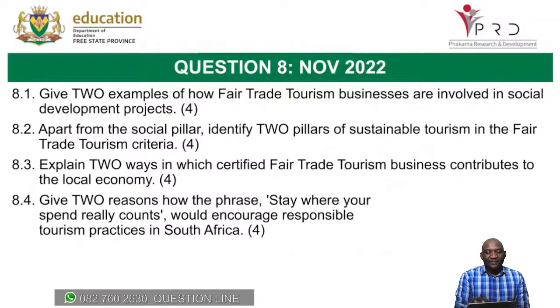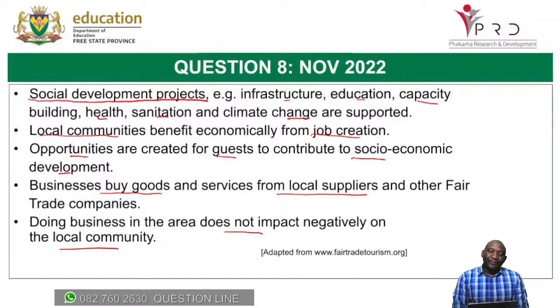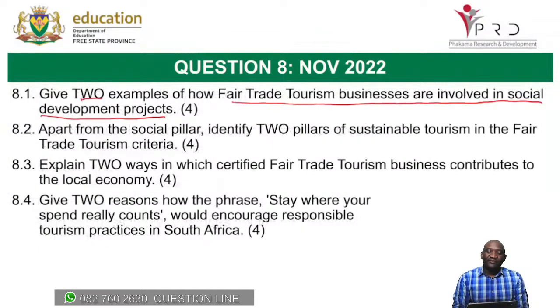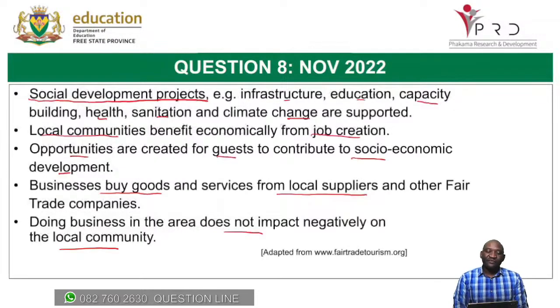We looked at the question here, social development projects, and the question says, give 2 examples of how fair trade tourism businesses are involved in social development projects. By looking at the information that has been supplied in the question paper, when it comes to social development projects, we are given a couple of them here, right?